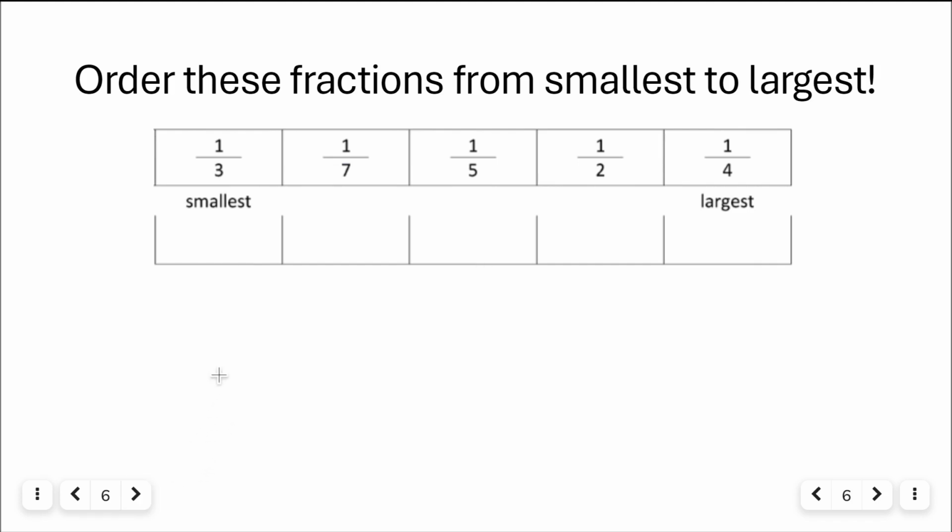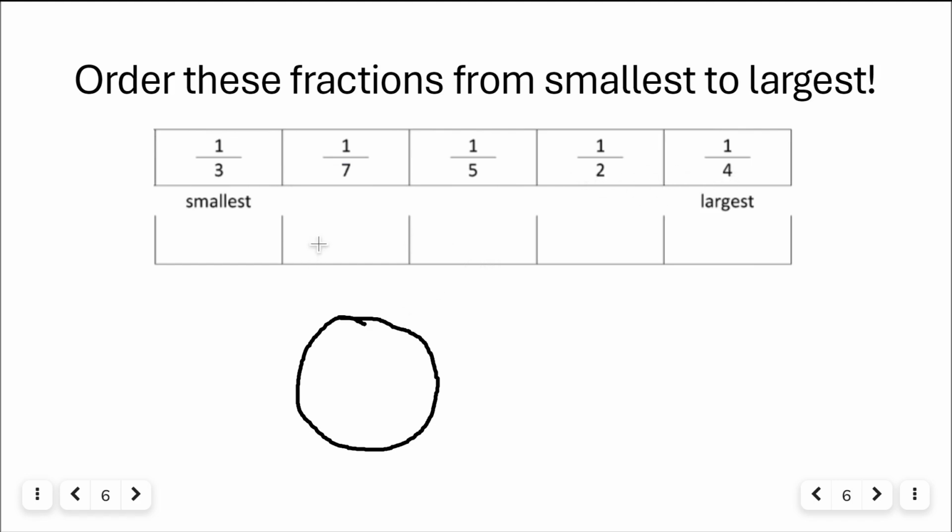Now let's order these fractions from the smallest to the largest. We could multiply all these a bunch of times if we want to, but to be honest, I don't think we have to. Let's say you had a circle and you divided it into 3 pieces, 7 pieces, 5 pieces, 2 pieces, and 4 pieces.